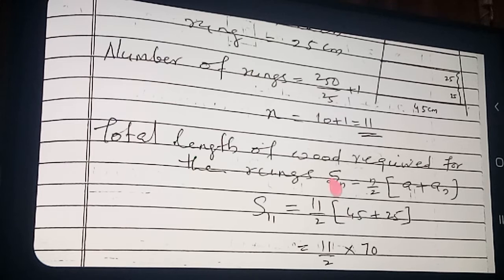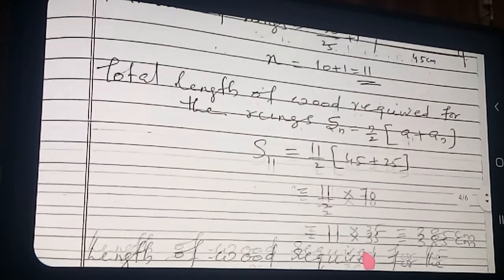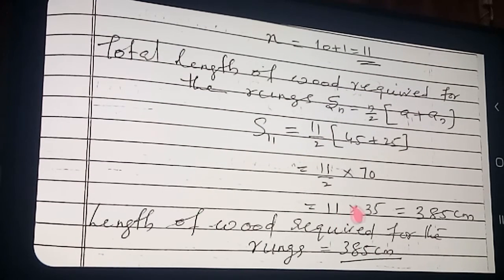We found n now. What is the value of n? 11. Therefore, S11 is equal to 11 by 2 into (45 plus 25). So 11 by 2 into 70, therefore 11 into 35, therefore 385. So what is the total length of wood required for the rungs?